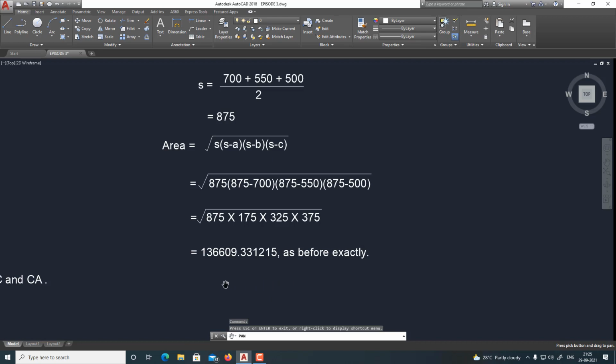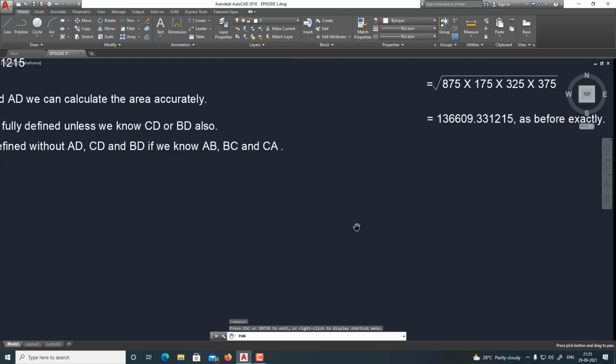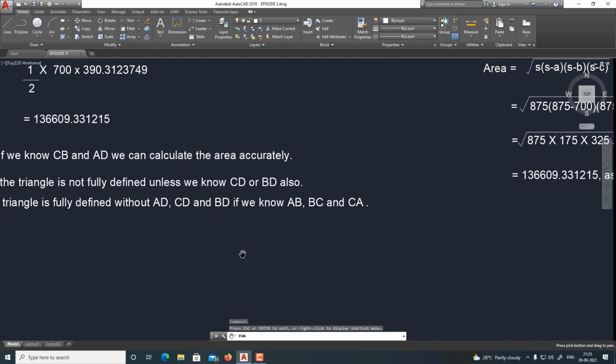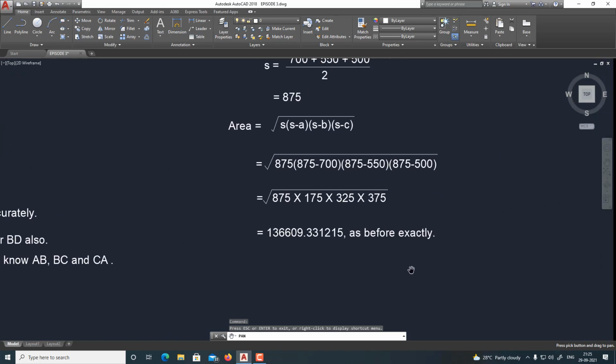So after extracting this square root, the area comes to 136,609.331215 as before, exactly. That means whatever the method we have adopted, the area is coming exactly the same.